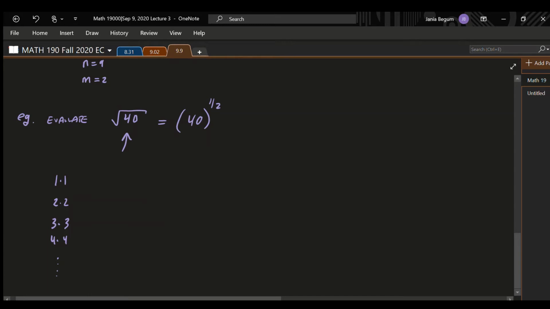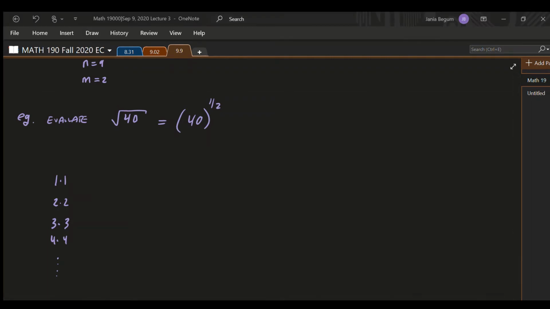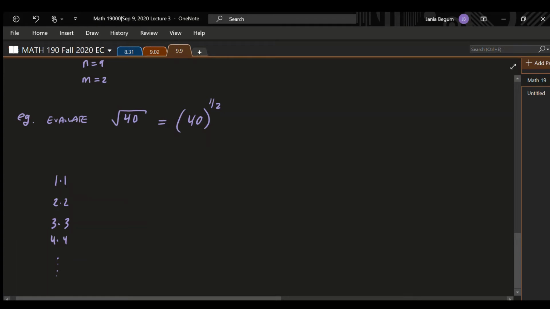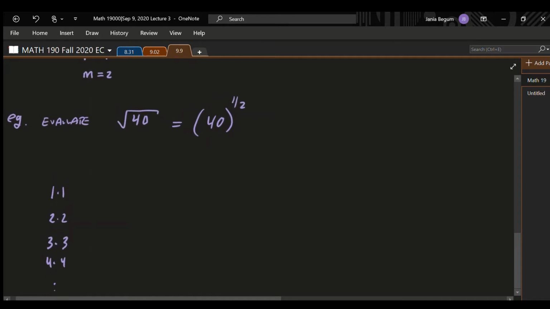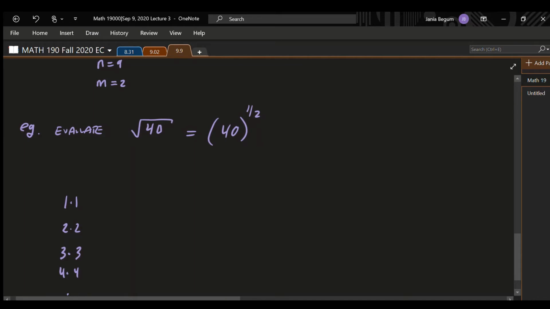None of them gives you 40. But we can find something that is a perfect square that multiplies with another number to give us 40. So what do we do? Well, 9 and 5, that's 45. 4 and 10.